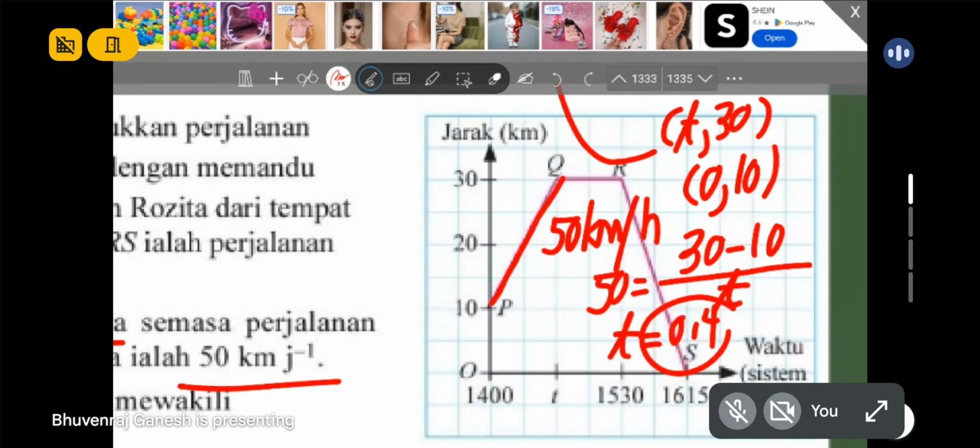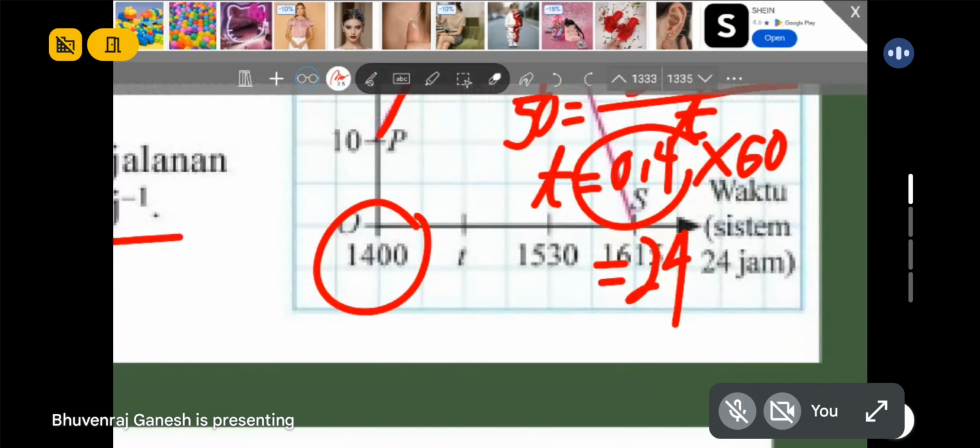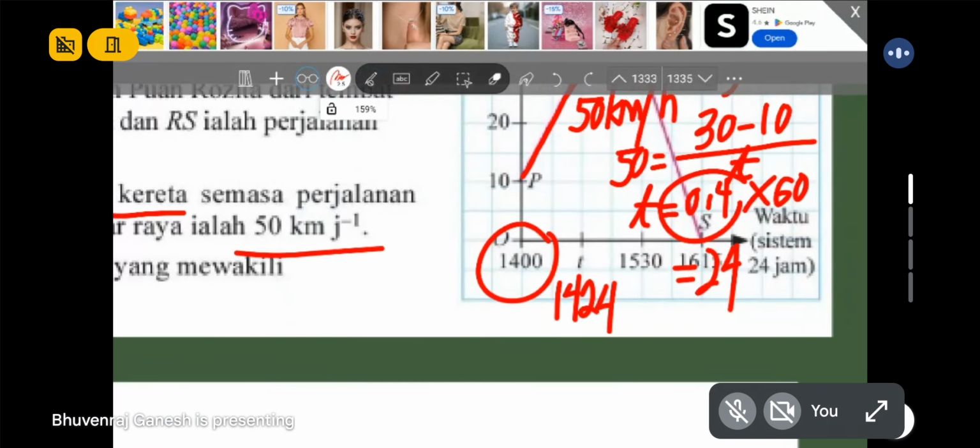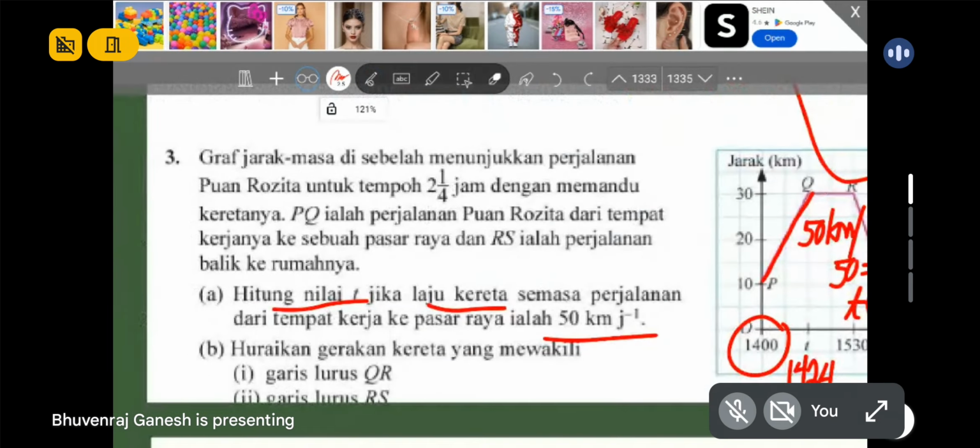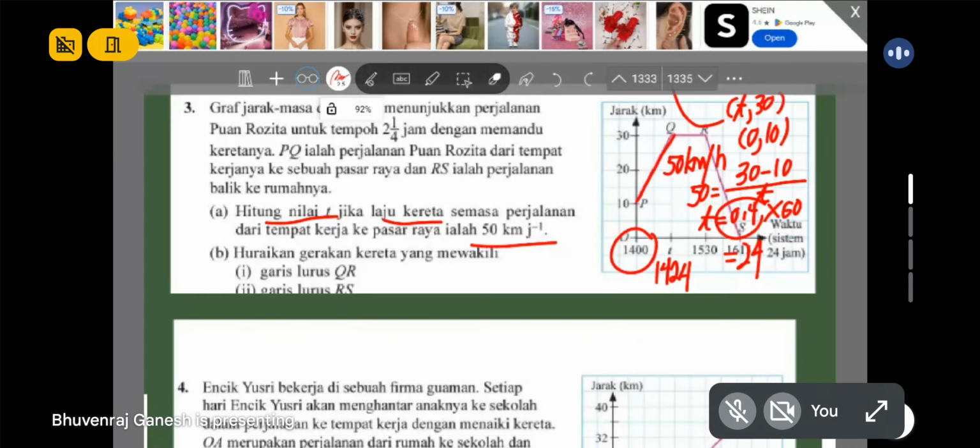Hours convert to minutes, times 60, so it's 24 minutes. So 14, so 2 o'clock plus 24 minutes, so 14:24, guys. Understand? Boleh faham? So you should get 14:24 for part A.